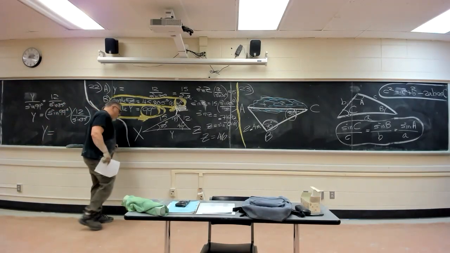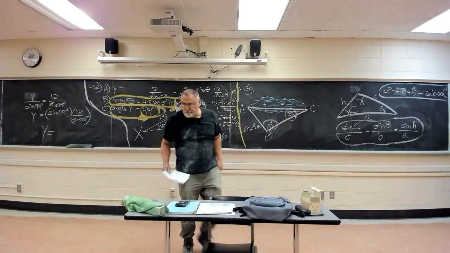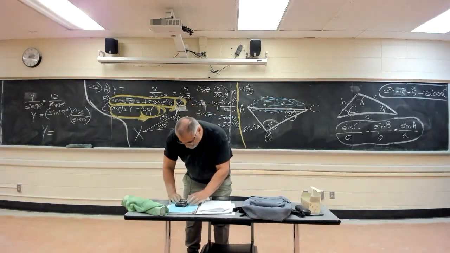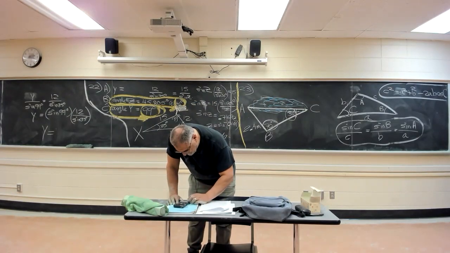See where this is going to go. Sine 99 degrees over sine 35 degrees. Sine 99 degrees divided by the sine 35 degrees.